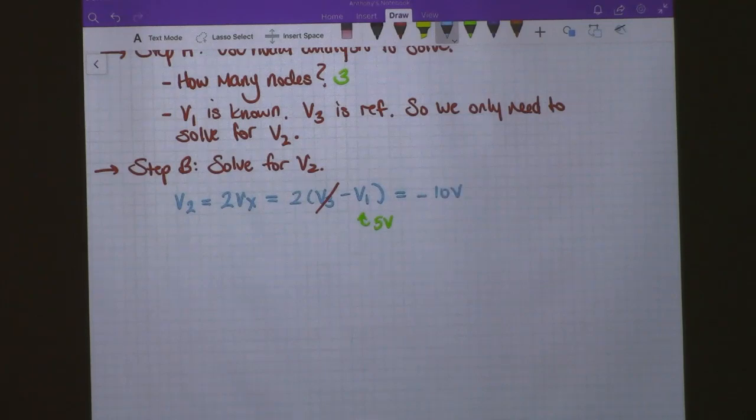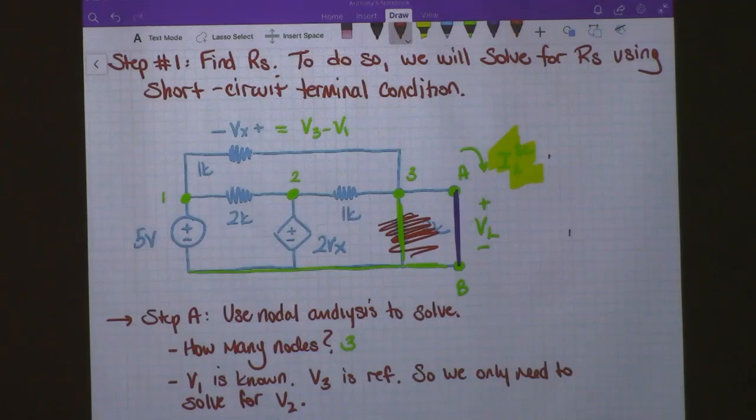Okay. And then we still haven't completely finished because we're not really concerned with V2. We want to solve for IL short circuit. Okay, so IL short circuit is going to be equal to the sum of I13 and I23, right?